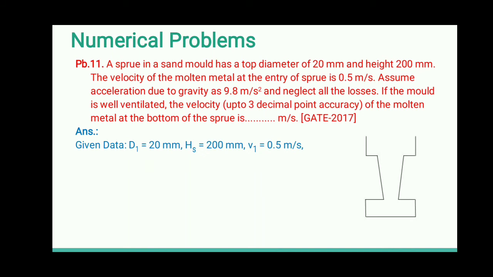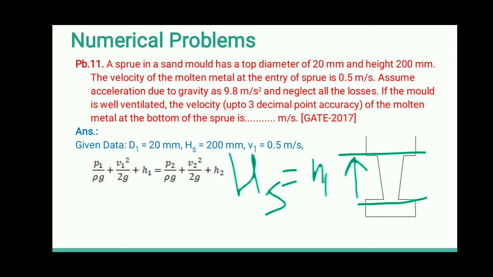D1, I am considering this D1 section, and HS is the total height of this sprue, and V1 is the velocity at the starting of the sprue, which is 0.50 meter per second. Next we consider Bernoulli's equation at this section 1 and this section 2. This section 2 is itself a bottom section, so the height H2 is equal to 0. The pressure that we are considering at both sections is atmospheric. The velocity at this portion is given to you. H1 will be equal to the total height of this sprue.